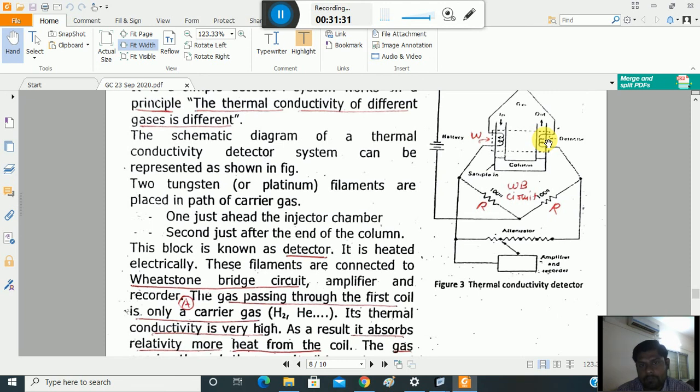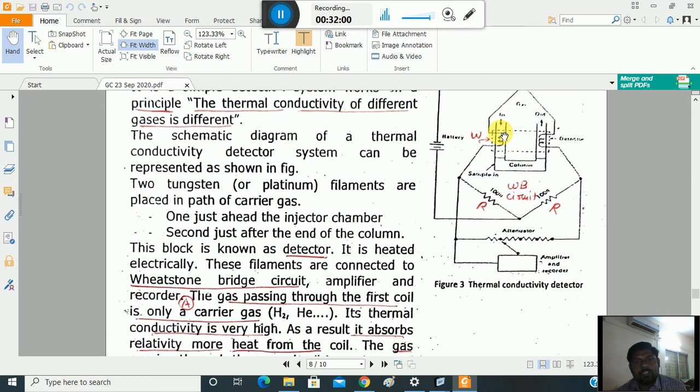When you pass pure carrier gas through that column, the thermal conductivity of the pure gas is very high, so it absorbs more heat from the column. If it absorbs 80% of the temperature, then after passing the carrier gas, what will be the temperature of the column? It is only 20 degrees.